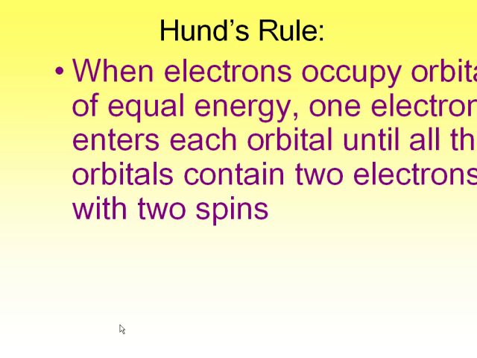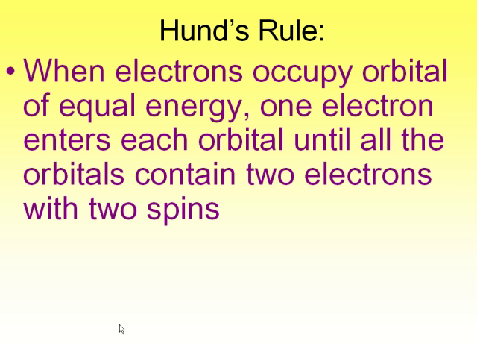Hund's rule. When electrons occupy orbitals of equal energy, 1 electron enters each orbital until all orbitals contain 1 electron with parallel spins, and then they pair up.